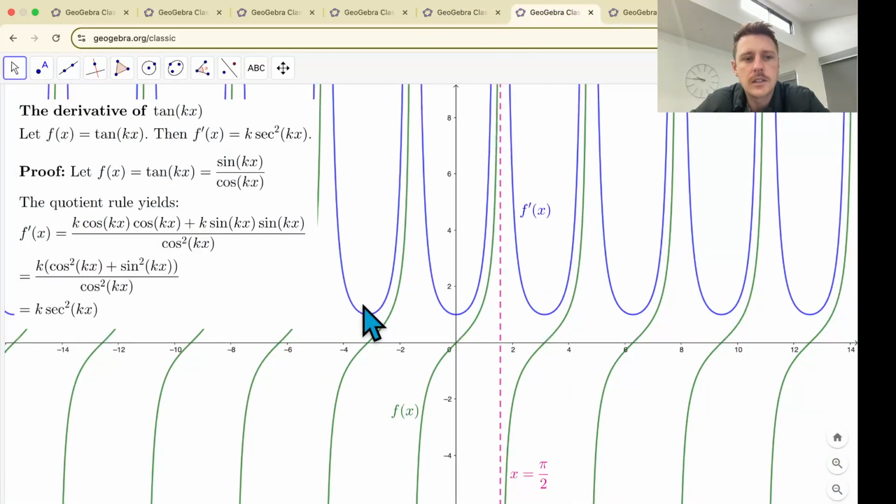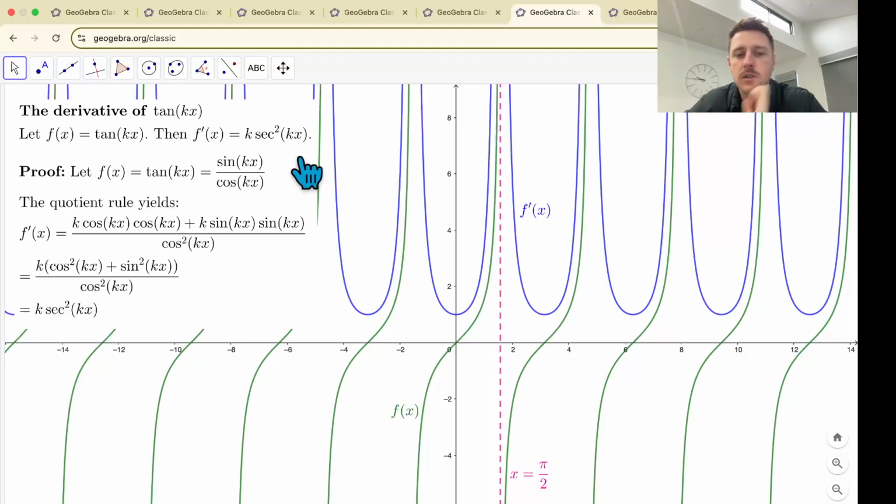If we look at some important functions for this course, the derivative of tan of kx. Now remember that k represents a dilation by a factor of 1 on k from the y-axis. So if we let f of x equal tan kx, then f dash of x equals k sec squared kx.